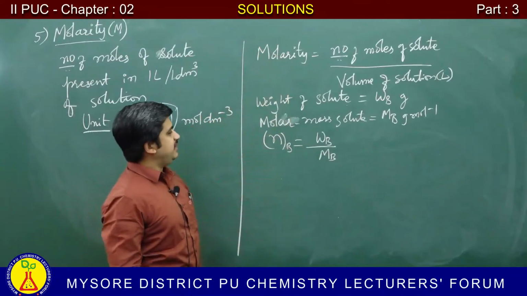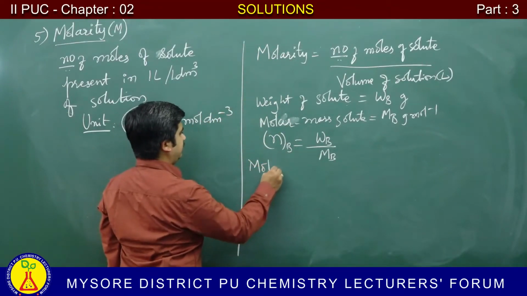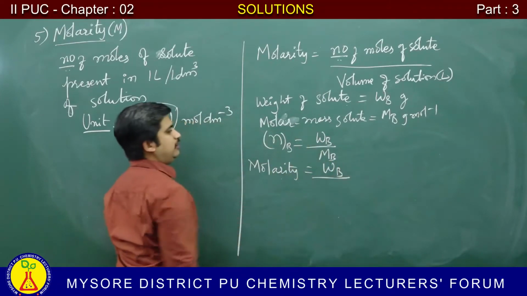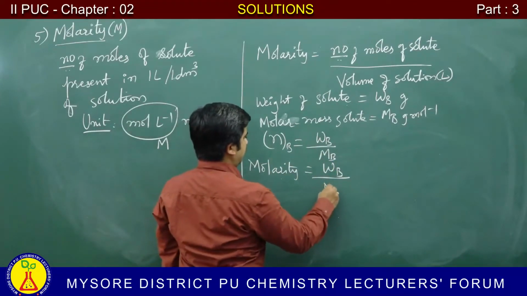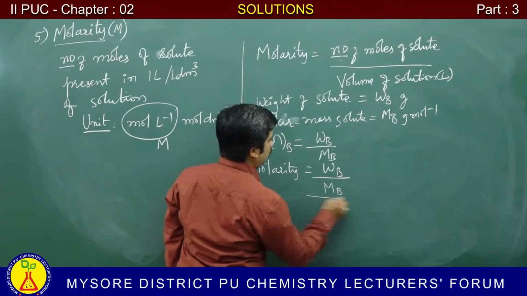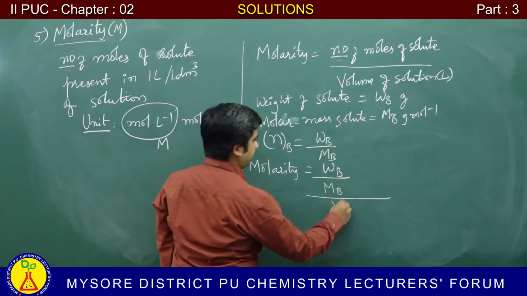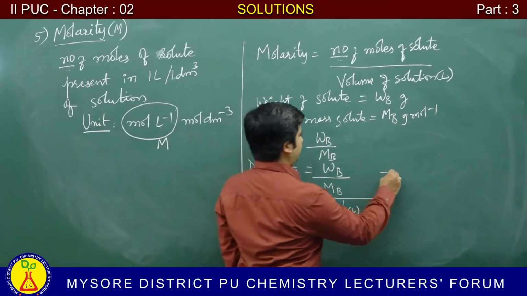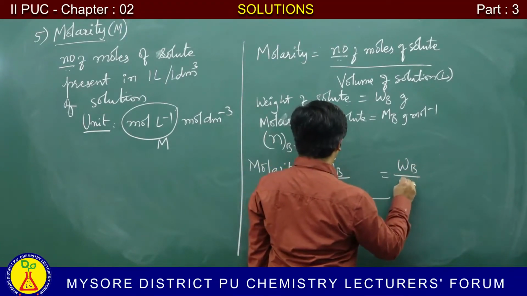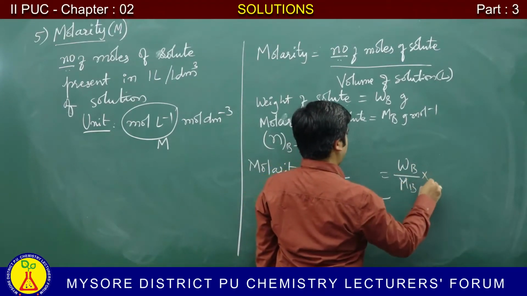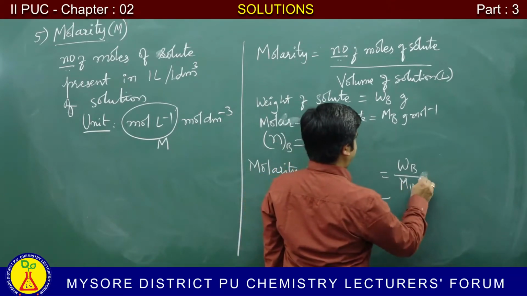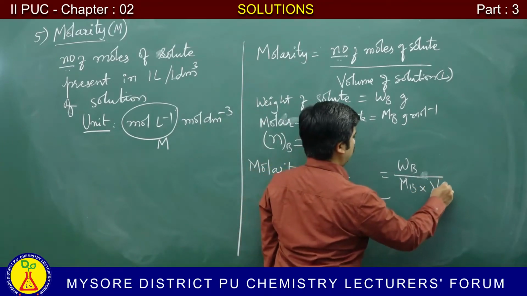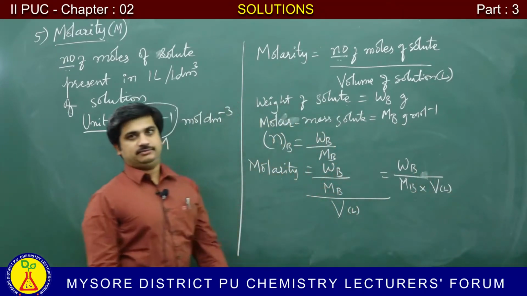If we substitute this in the molarity equation, then we get molarity is equal to weight of solute in grams divided by molar mass of solute, whole divided by volume of solution in liters. In simplified form we get WB divided by MB into 1 by L, or because the denominator goes to numerator, you get volume. This volume is expressed in liters.